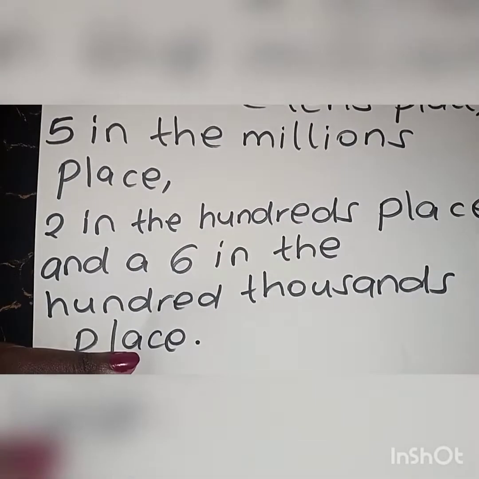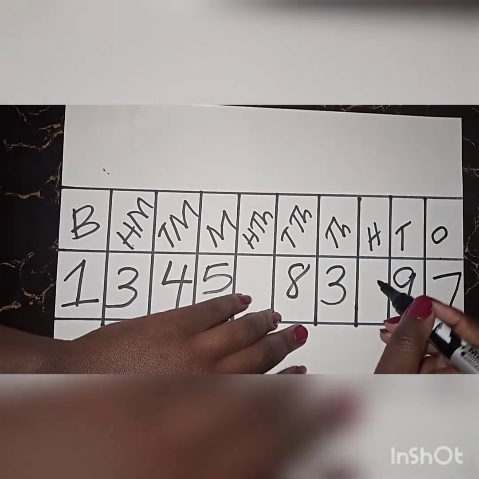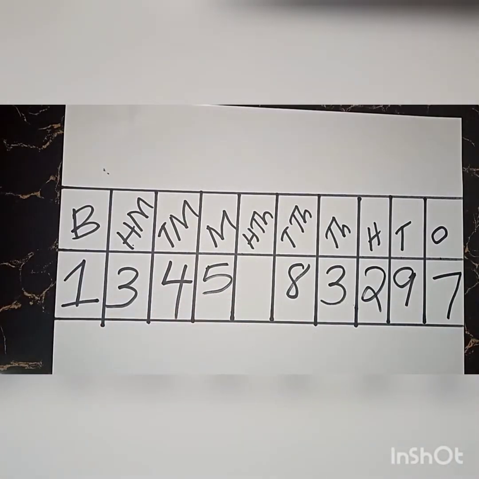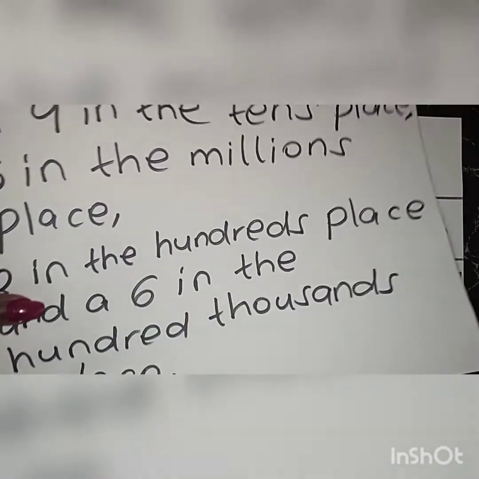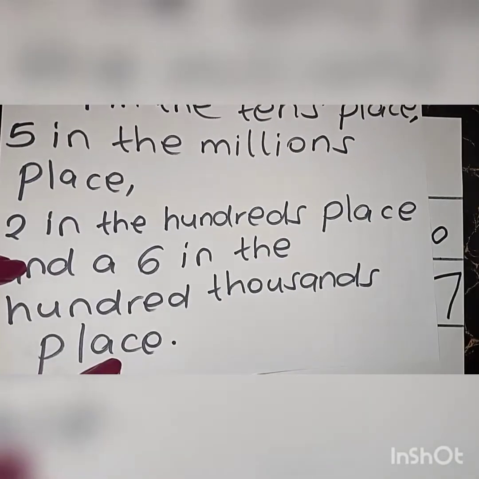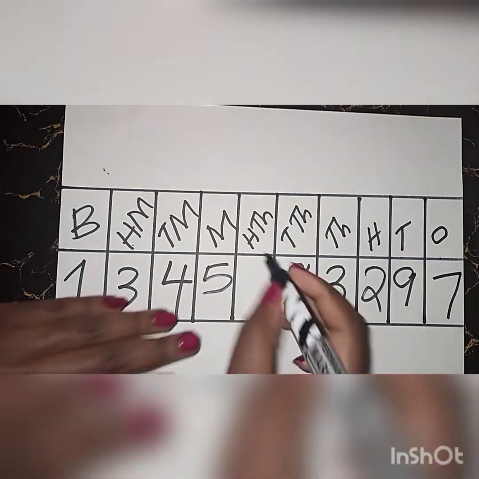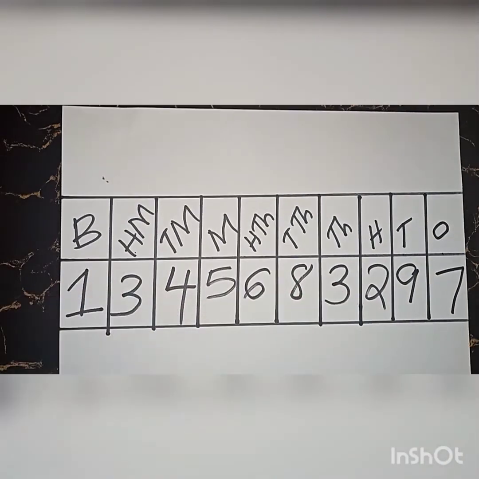2 in the hundreds place. So our 2 will be here. And a 6 in the 100,000s place. So that means that our 6 will be here. And yes, you have your number, okay?